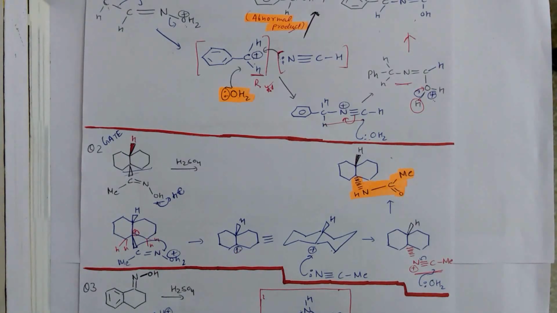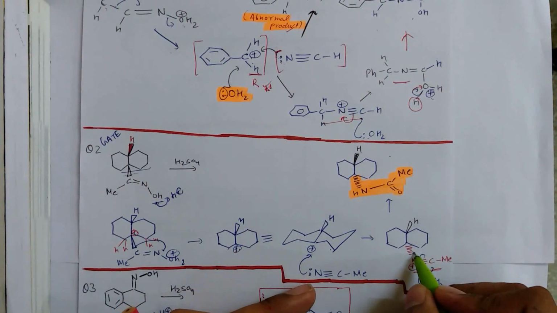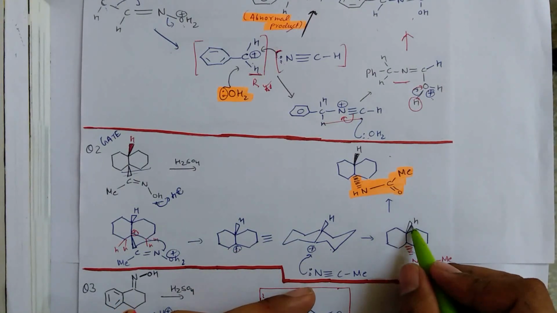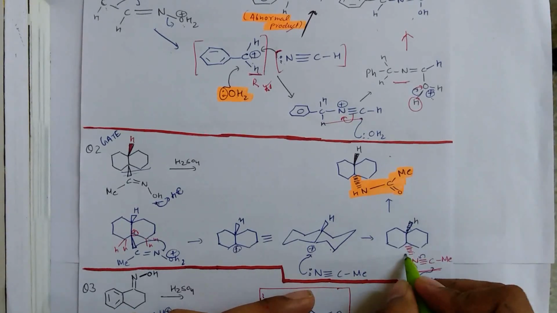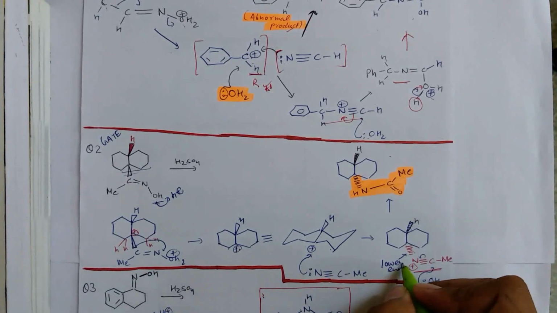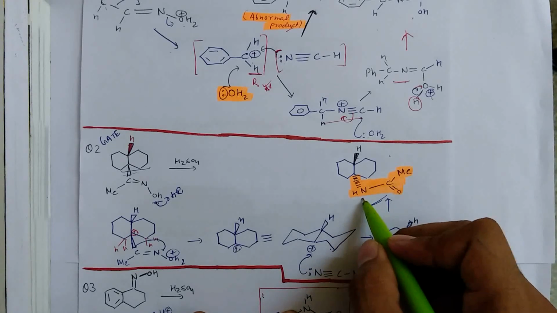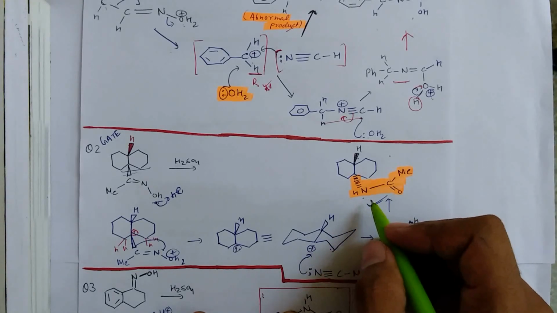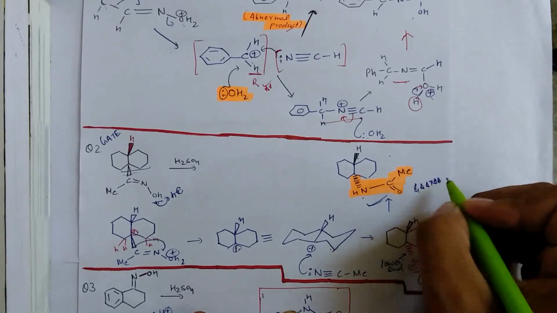The important thing to notice here is that the attack will be favored from the lower position rather than the upper position, because this hydrogen is given to be upside. So the attack happens from the lower end. And what you'll end up with is this compound where the hydrogen and the amide are anti to each other. So this is a very important question. Please make note of this.